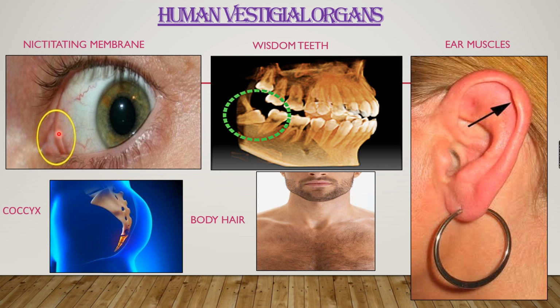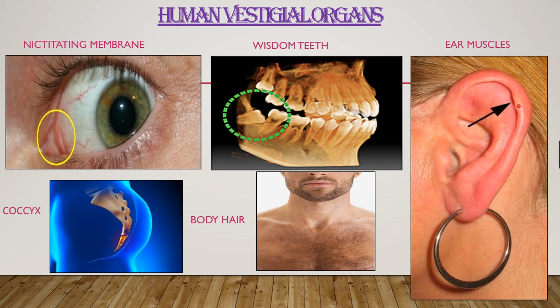So the nictitating membrane is very much reduced in human beings. And wisdom teeth, at the back of the mouth. Sometimes we call it Jnanapal in Tamil. It develops at the age of 16, 17, 18, and is mainly meant for the biting process. This is also something we have inherited from our forefathers.